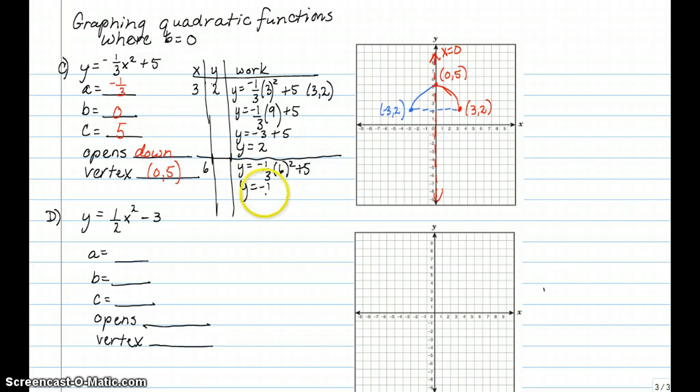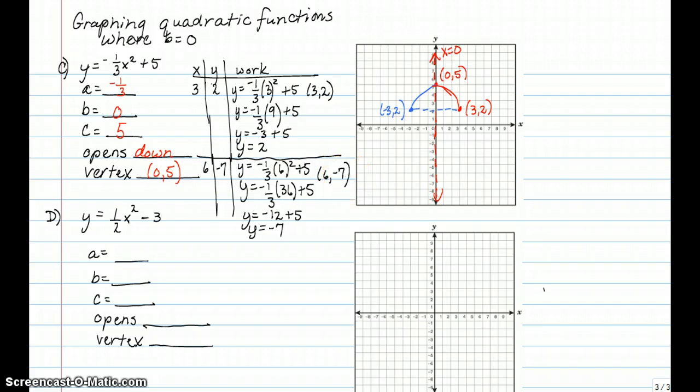Y equals negative 1/3 times 36 plus 5. Multiplying by 1/3 is the same as dividing by 3, so y equals, negative times a positive is a negative, negative 12 plus 5. And y equals negative 7. So 6, negative 7 is our ordered pair.